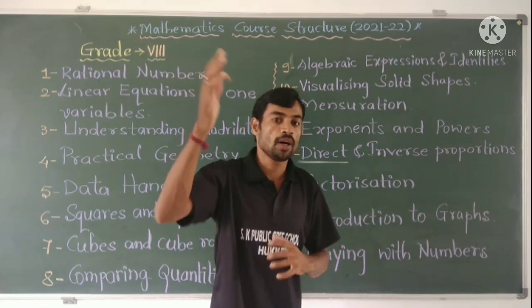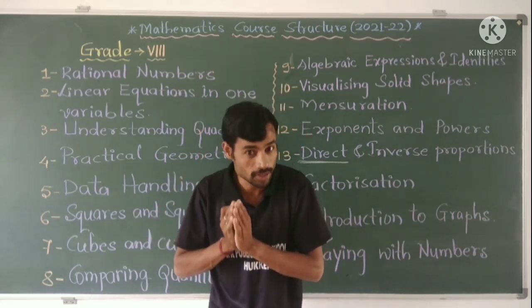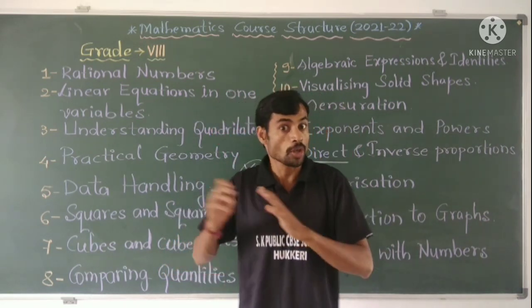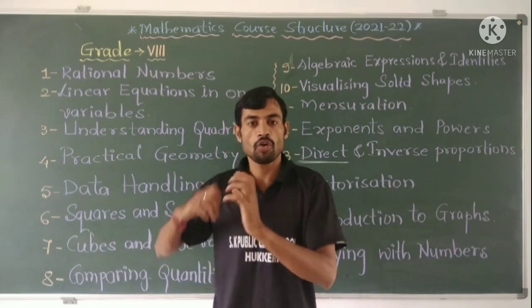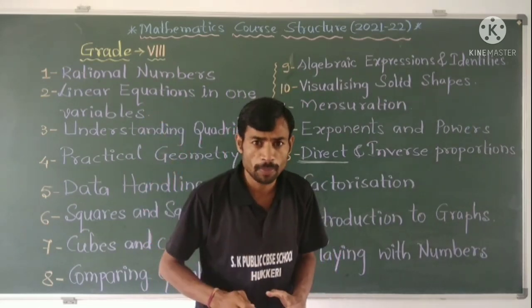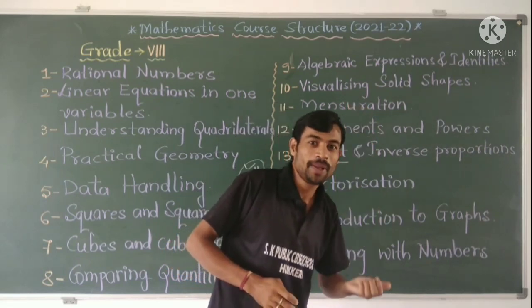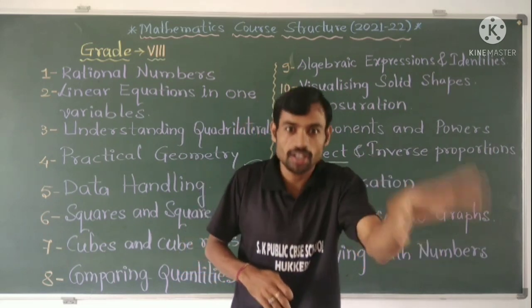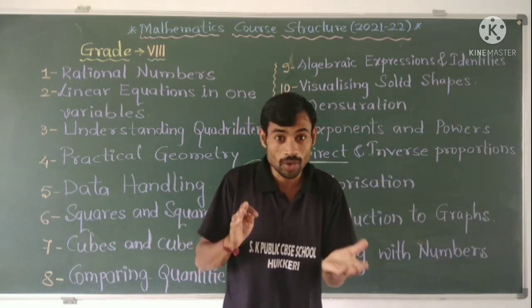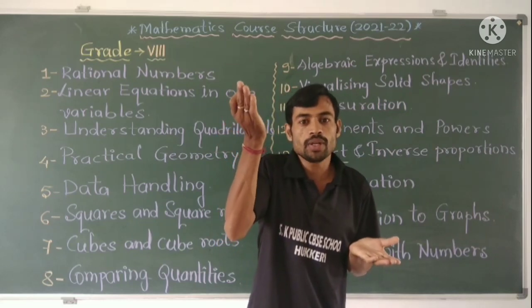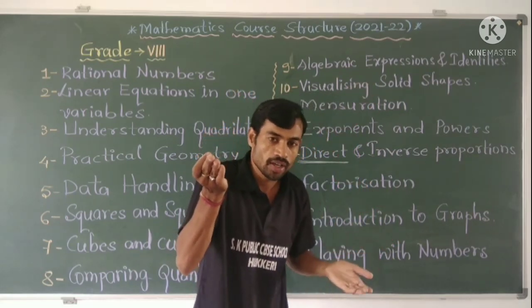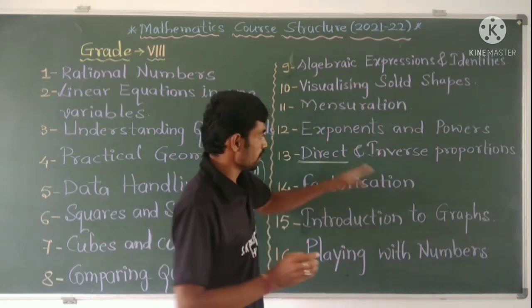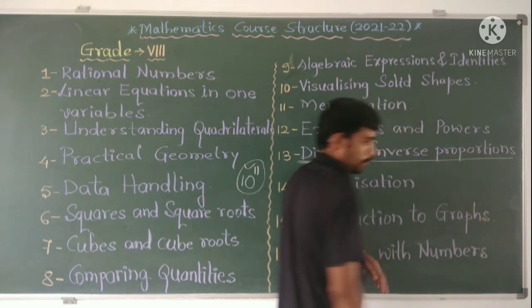Speed is one quantity, and the time taken is 5 hours. Suppose I increase the speed, I go at 75 or 100 km per hour, but the time taken will be less. So I can reach in 4.5 hours, or within 4 hours. So one quantity value increases, another quantity value decreases. Speed increases, time taken decreases. Clear? So that is what we can say inverse proportion.